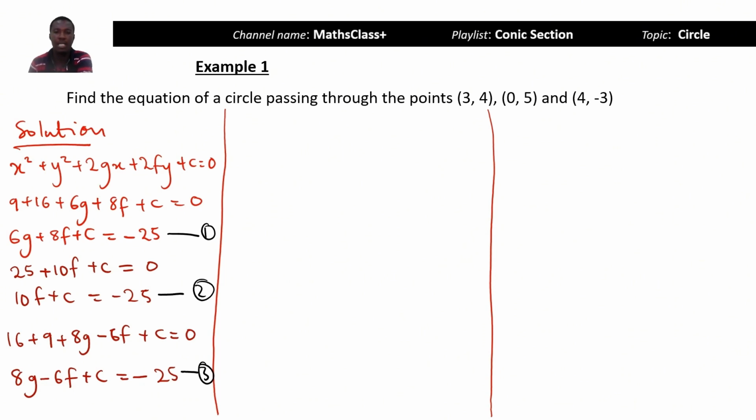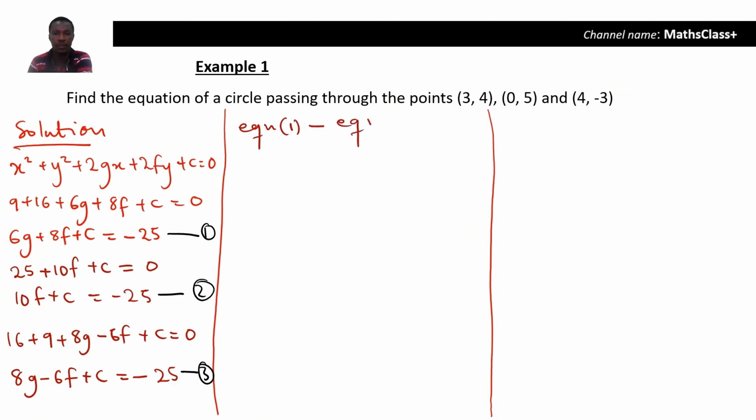Now I have these 3 equations and I'm going to solve them simultaneously. So I'm going to subtract equation 2 from equation 1. Equation 1 has g, equation 2 doesn't have g, so 6g minus 0 will be 6g.